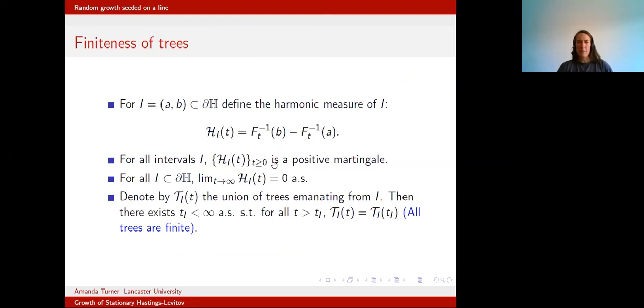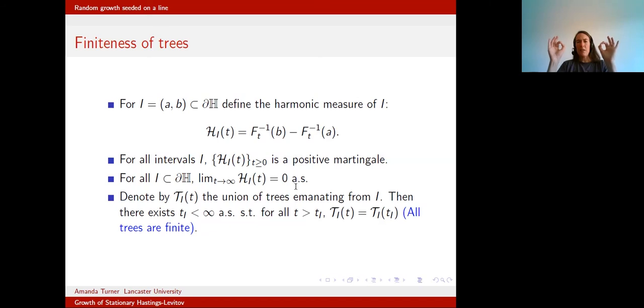And what you can show is that for all intervals, this is a positive martingale, and so under certain conditions you can prove it converges. And what we're able to show is that it converges to 0 almost surely. So what does that mean?